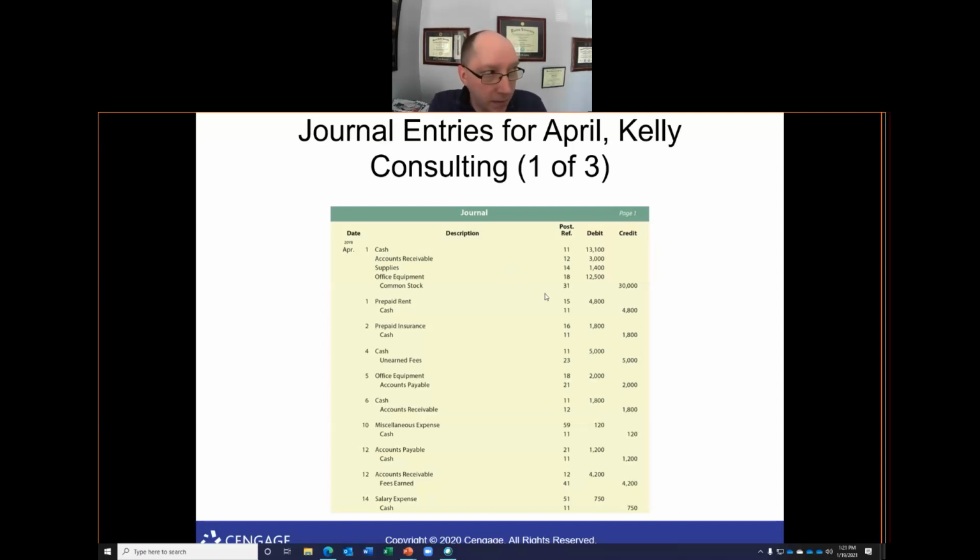The first step of the accounting cycle, as you know, is making the journal entries. Every month, the company makes their journal entries. This first transaction looks like they received cash. They had an increase to accounts receivable because they probably sold on account.